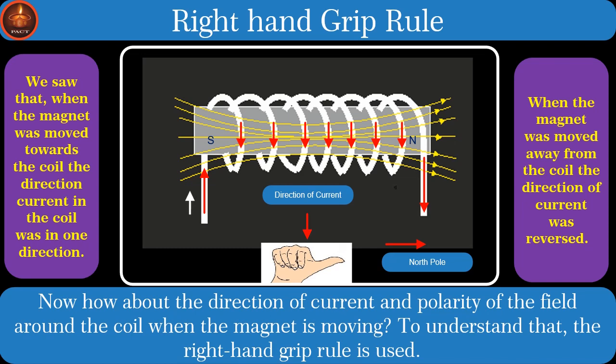Now, to apply the right hand grip rule, we should observe the direction of current in the coil and grip the coil such that the four fingers other than the thumb are bent as shown, so that they point in the direction of current in the coil. The thumb must be stretched straight horizontally as shown. Then the thumb will point towards the north pole of the field produced. Note that the flux direction is leaving the north pole as seen.